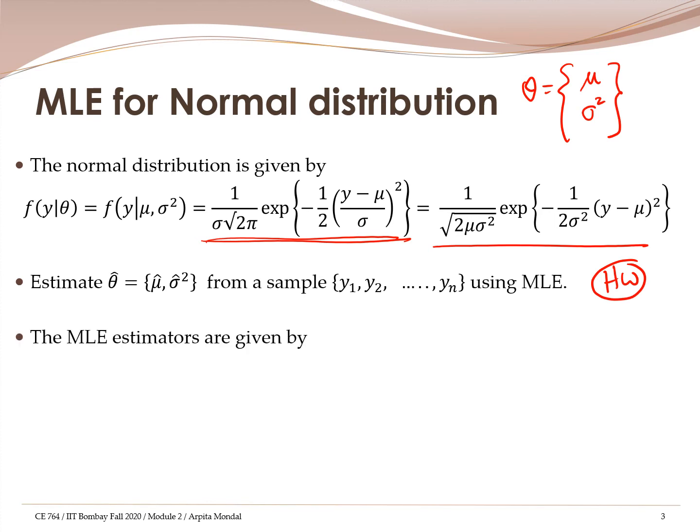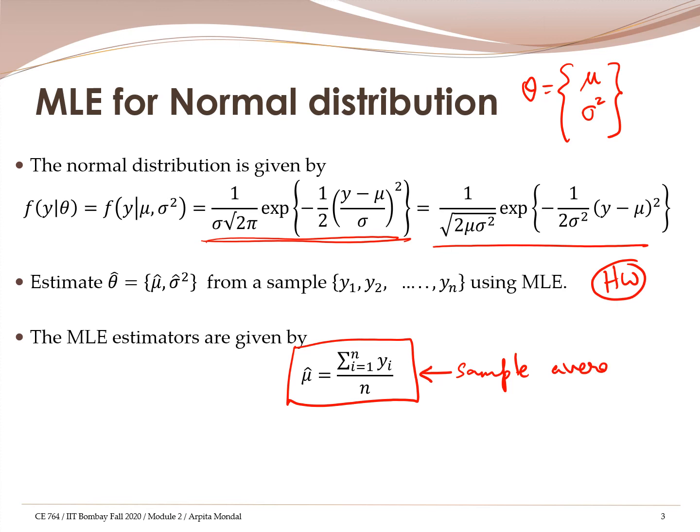When we write the log likelihood function and differentiate it, you would arrive at these estimators, and we will see that mu hat is nothing but summation yi by n, which is also nothing but the sample average. So the sample average is an MLE estimator of the population average, which is the mean, right? Mu is the population mean and mu hat is the estimator, right?